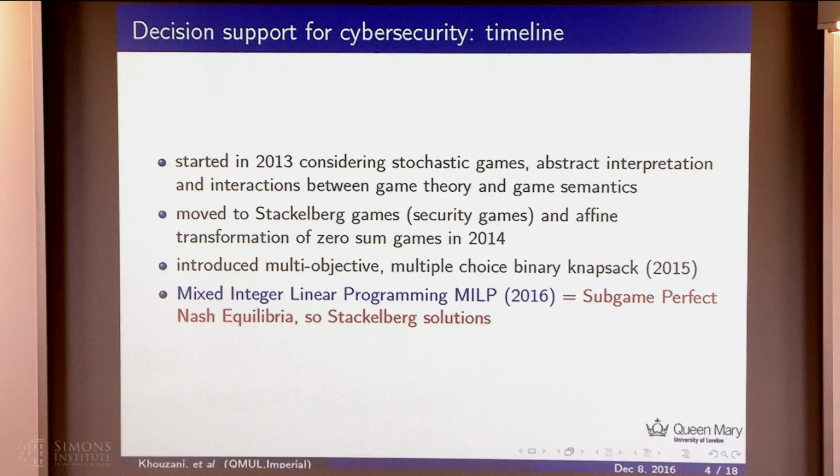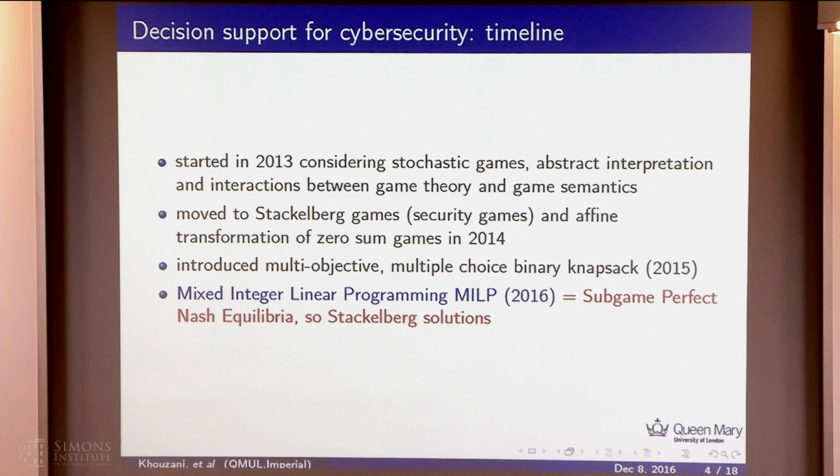So let's try to think more in terms of optimization. And we did a little work with Fabrizio in 2015, formulating this problem as a specific knapsack combinatorial optimization. So it was a multi-objective, multiple choice binary knapsack.